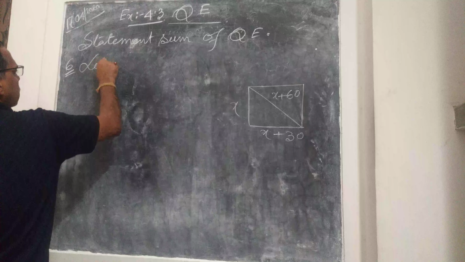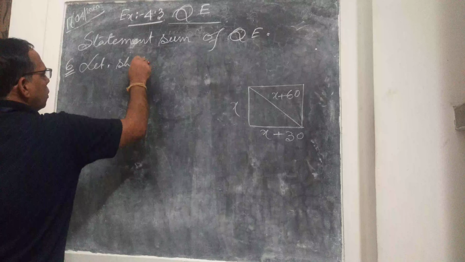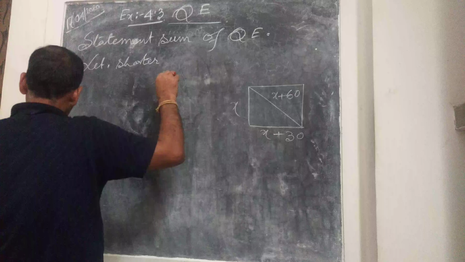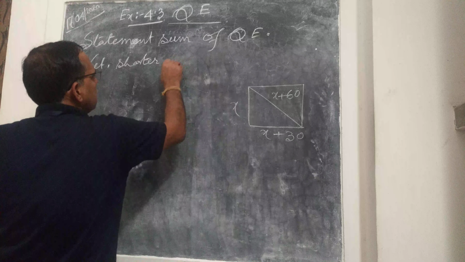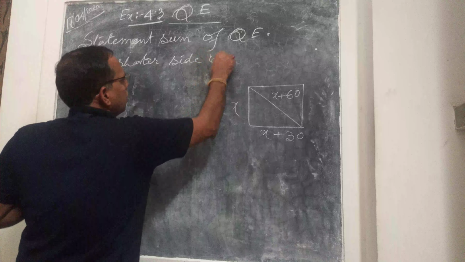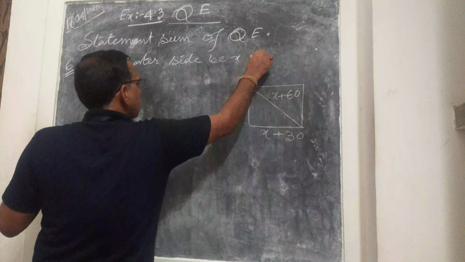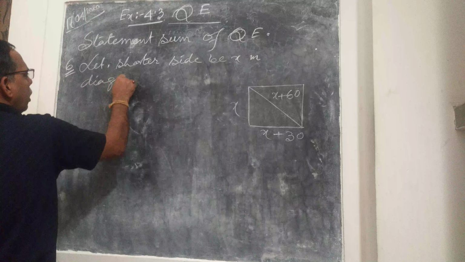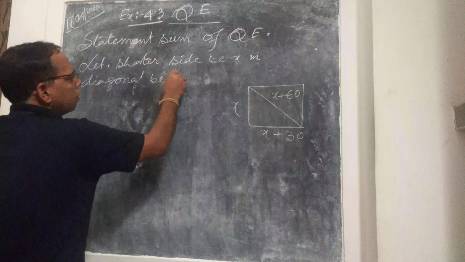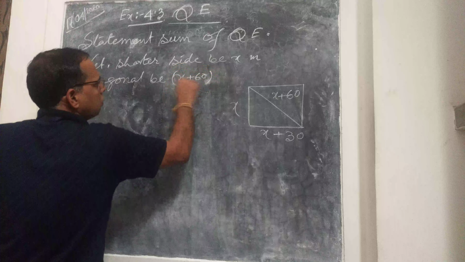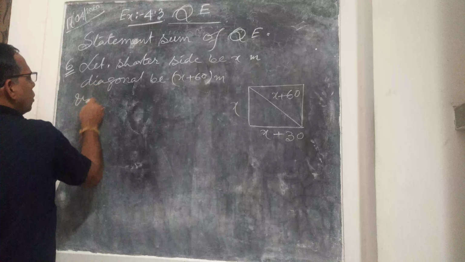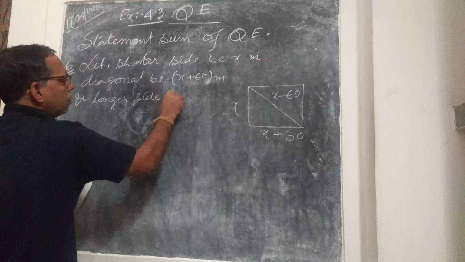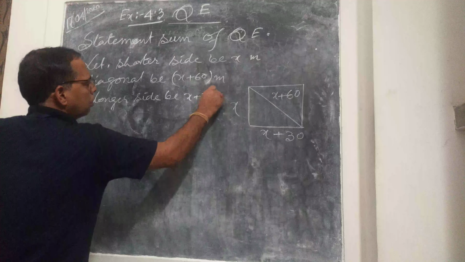So let the shorter side be x meter, the diagonal be x plus 60 meter, and the longer side be x plus 30 meter.